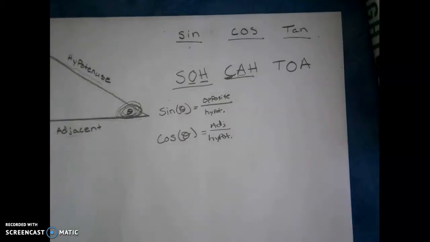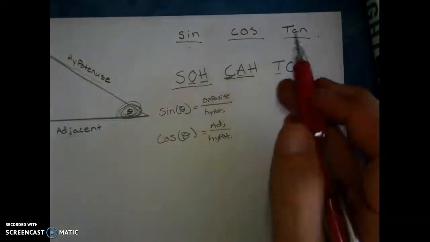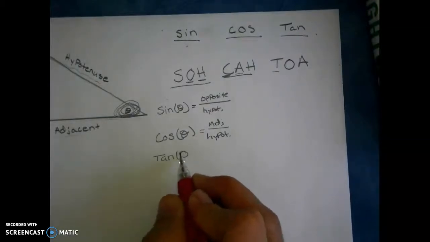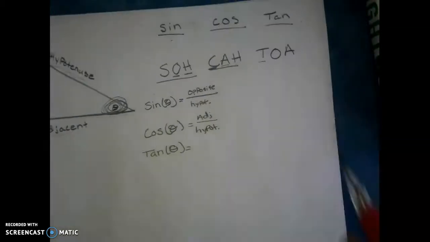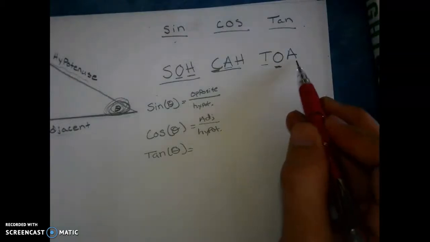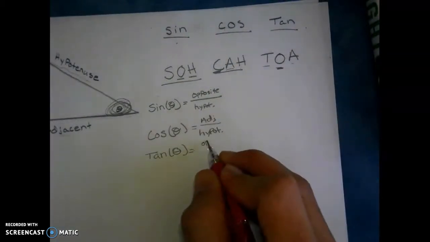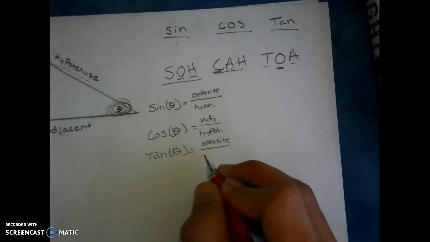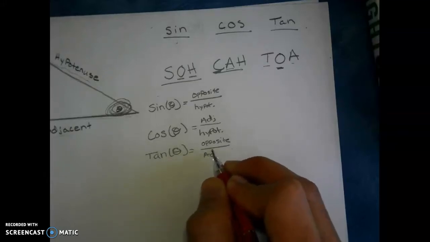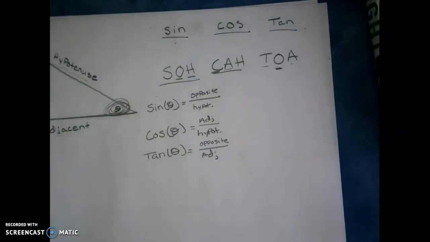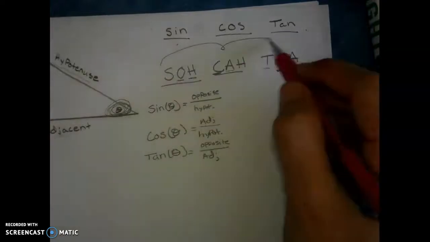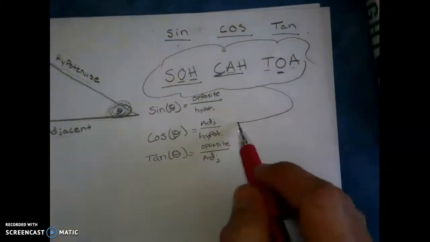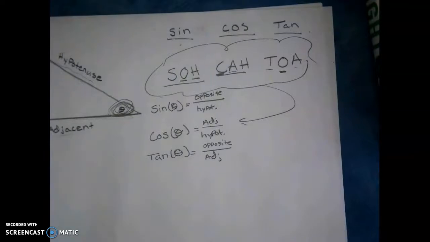And then our last one, the T stands for tangent. So tan of theta is opposite over adjacent. We can use this acronym, SOHCAHTOA, to help us memorize what these trig ratios are.